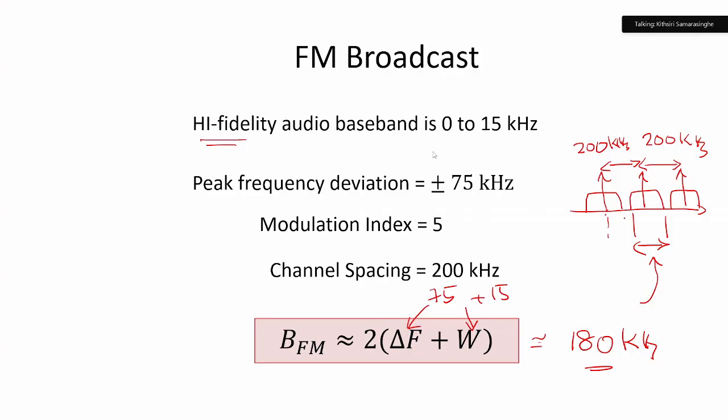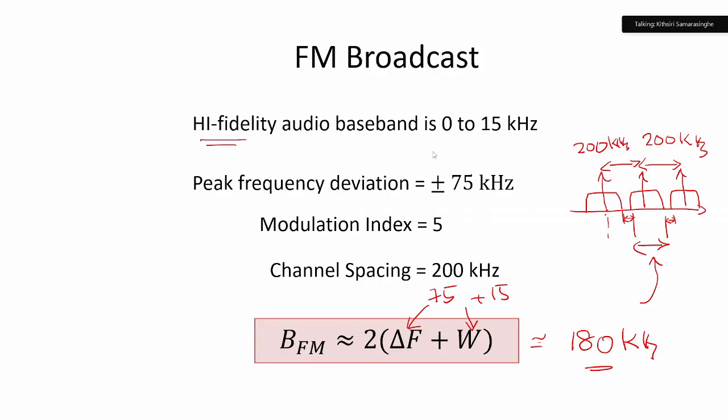Why are we keeping it a little higher? Because we want this 10 kilohertz and this 10 kilohertz to be serving as the guard bands. Why are we putting guard bands? Because if there is any drift of the carrier of one operator, it will not affect the broadcast of the other operator.